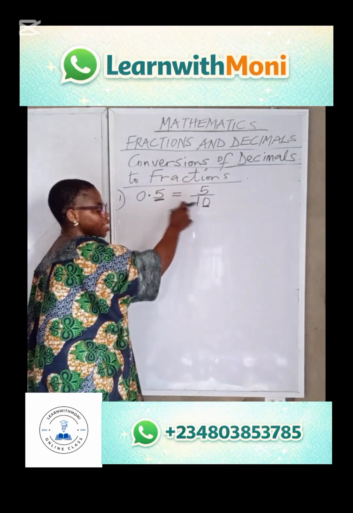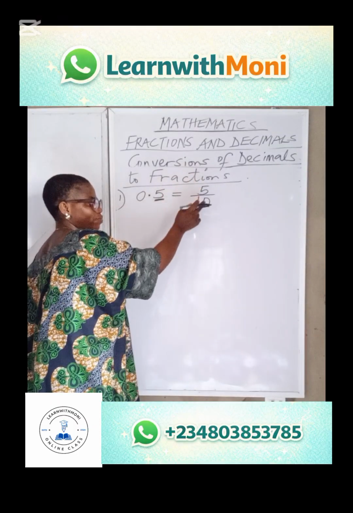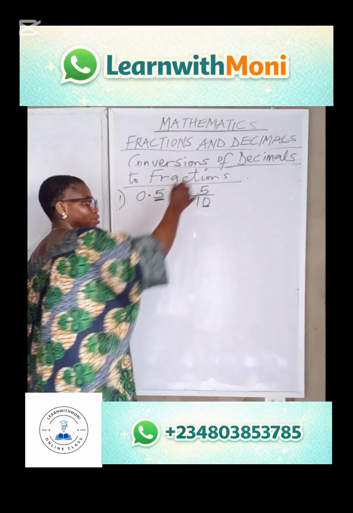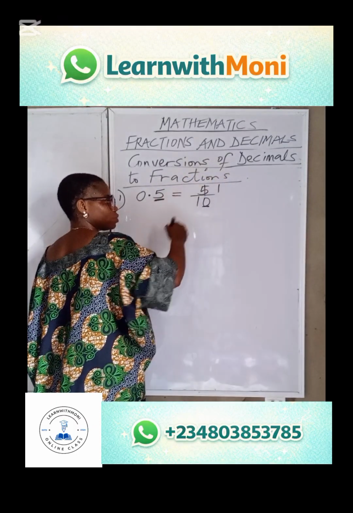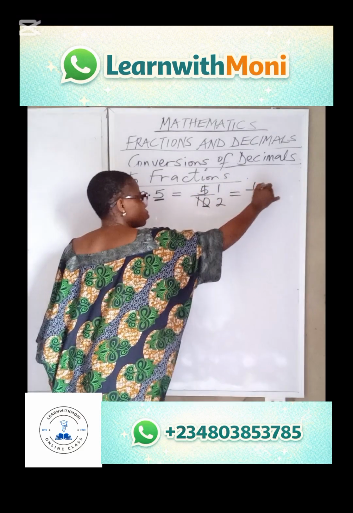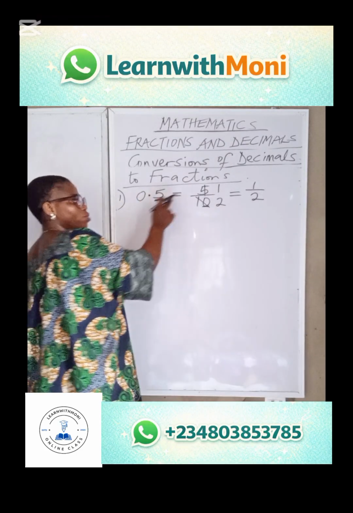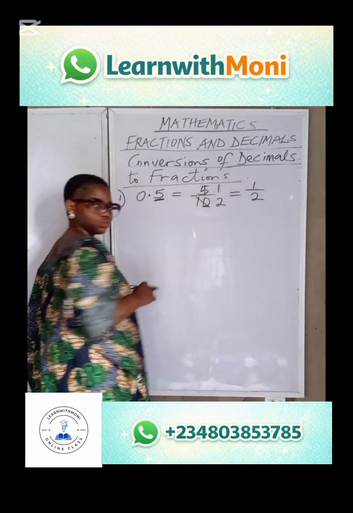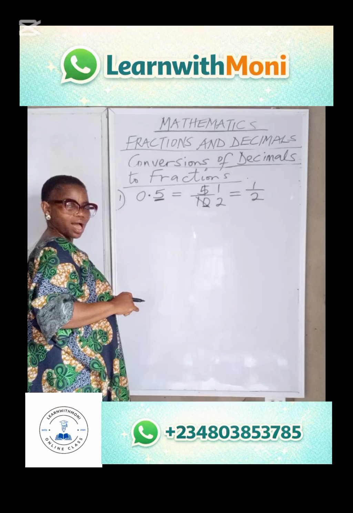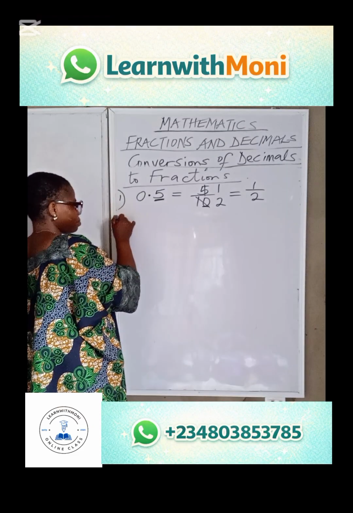You don't have to stop here. You have to reduce this to the lowest term. 5 can divide 5 and 5 can divide 10. 5 divides 5 once, 5 divides 10 twice. So that is equal to 1 over 2. Meaning that 0.5 equals 1 over 2. How easy do you think that is? Very easy.